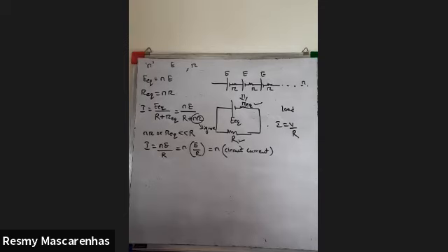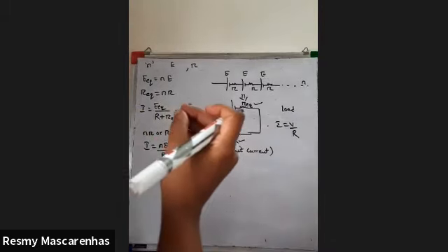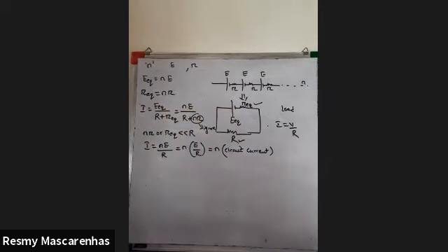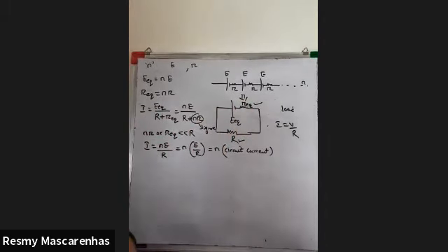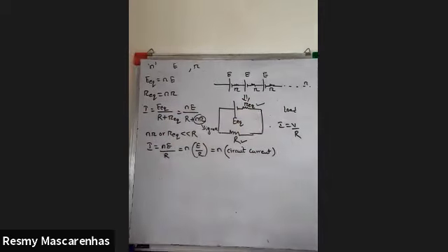It's not really very important, but they might ask some numerical questions on this, so I'm just giving you all the formula. Series and current when the R equivalent is less than R: internal resistance and load resistance, when it is very small, then what will be the value of current?